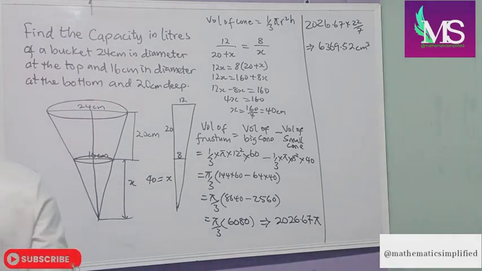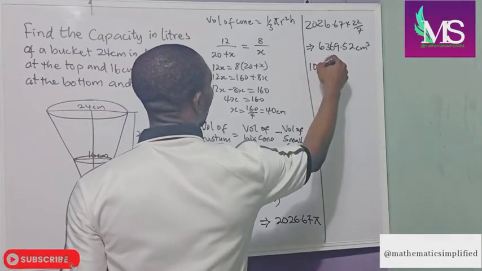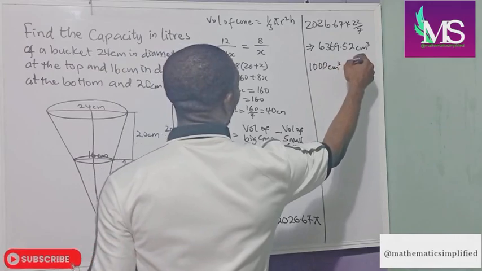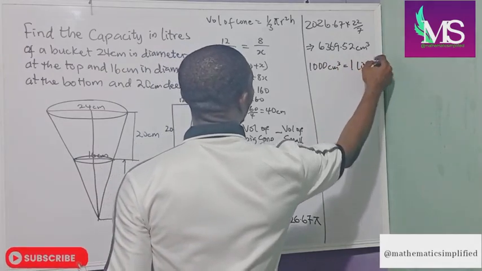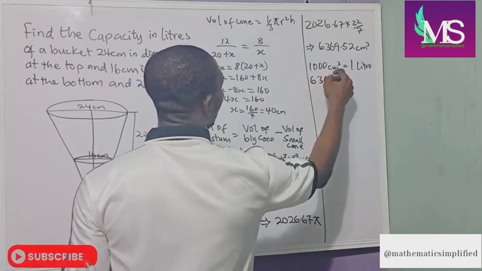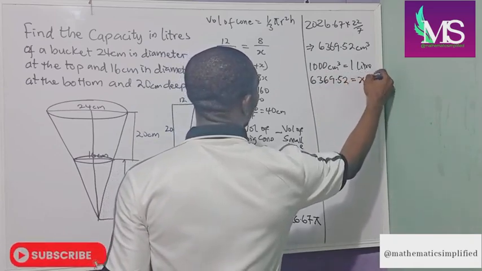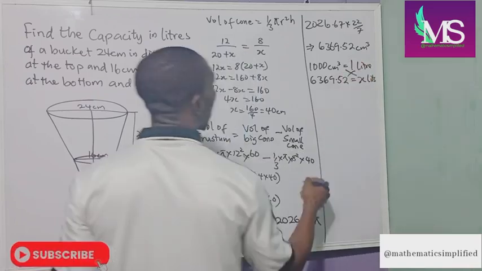1000 cm cube equals 1 liter. So 6369.52 equals x liters. So we can cross multiply.